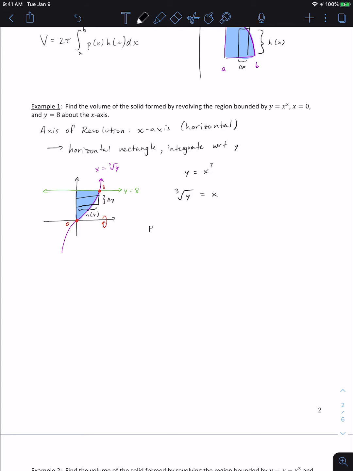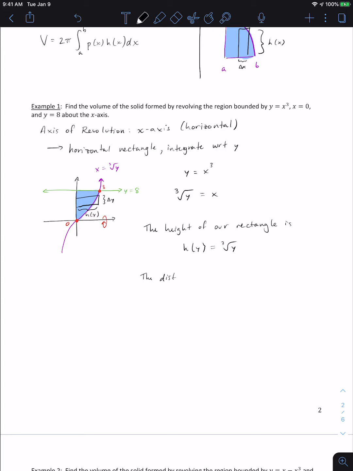So that means h of y, the height of our rectangle, is a function of y, and it's going to be the purple function, the cube root of y.